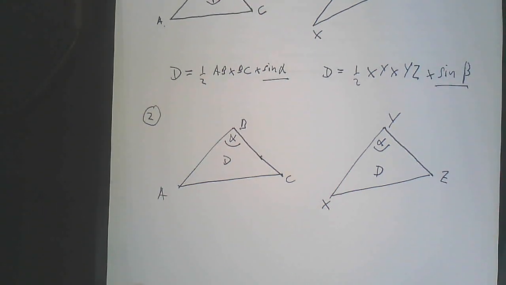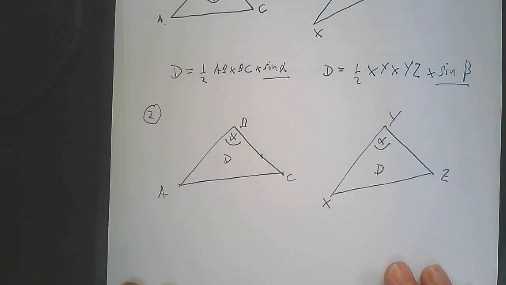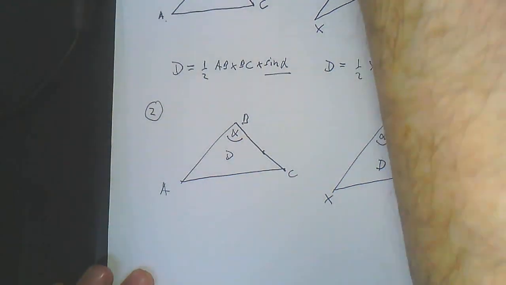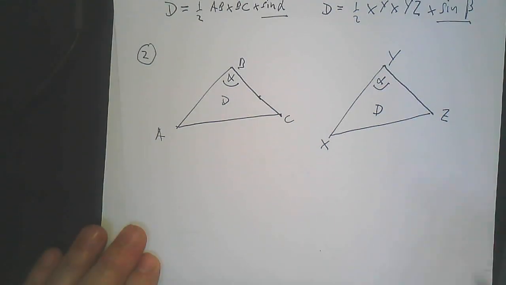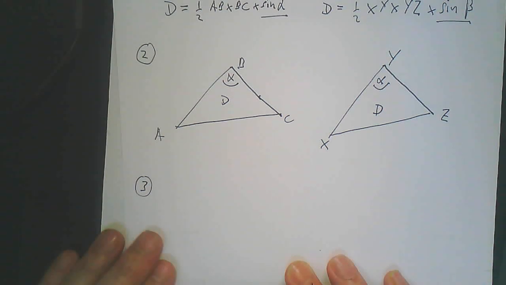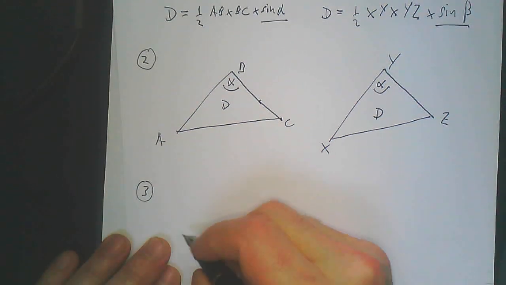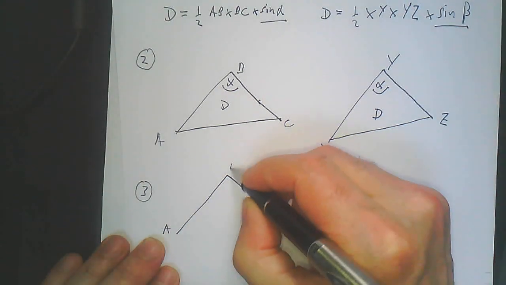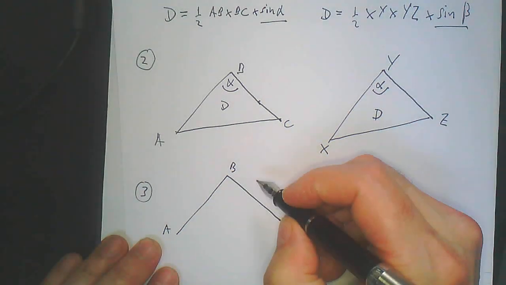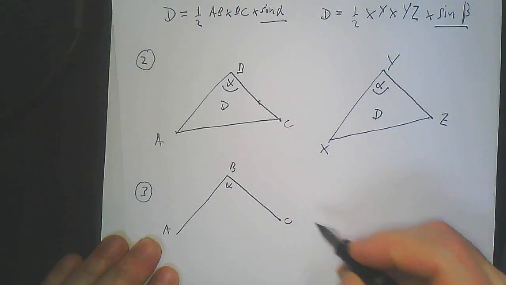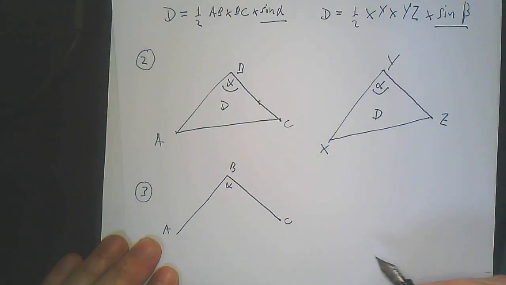And then part 3, it talks about the angle ABC being the same as the angle XYZ. So let's just try and draw this again. We want to think about the angle ABC. So A to B to C, this angle here, alpha, must be the same as XYZ.